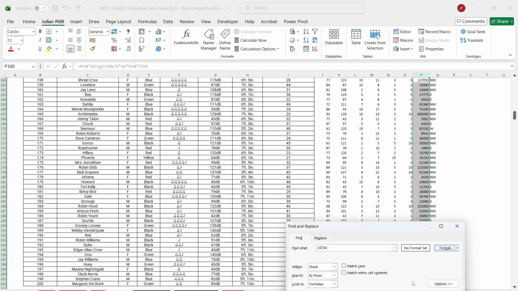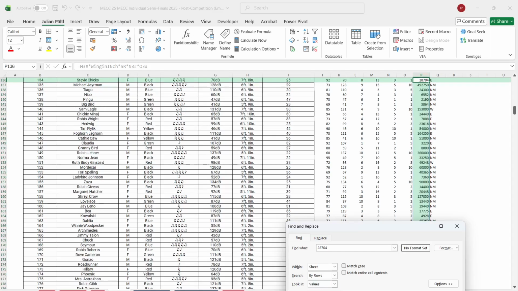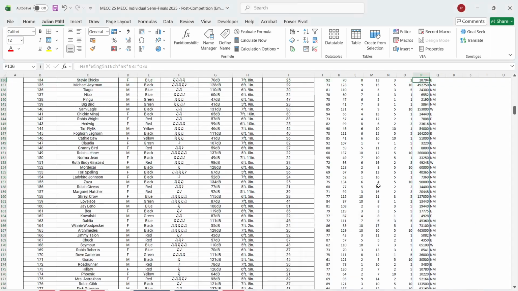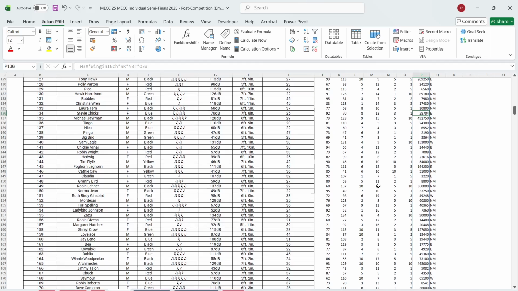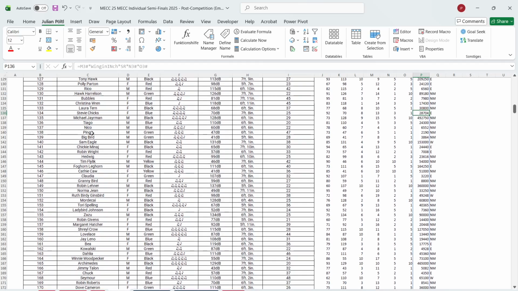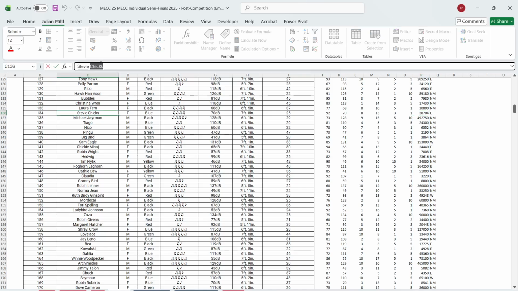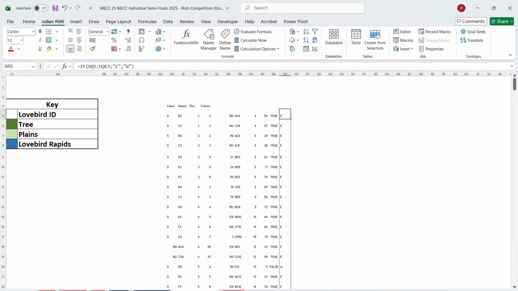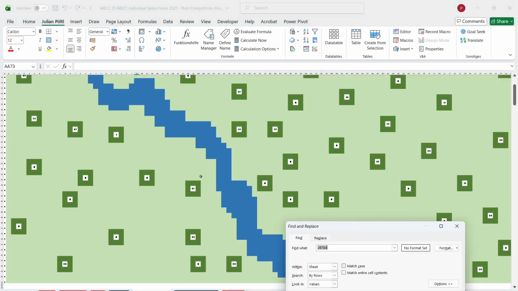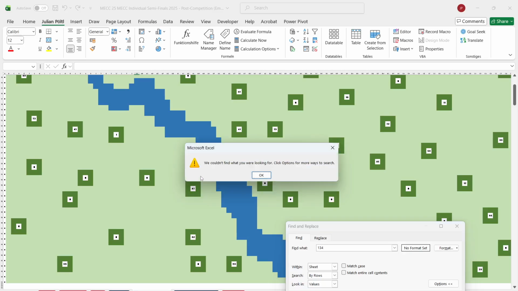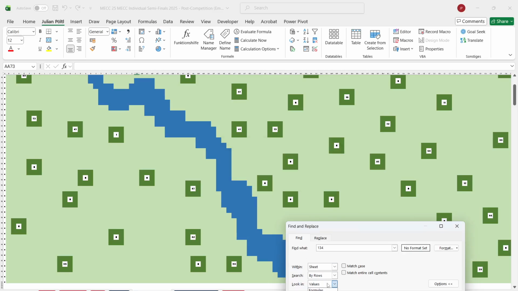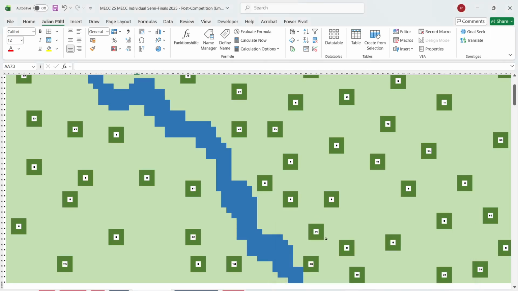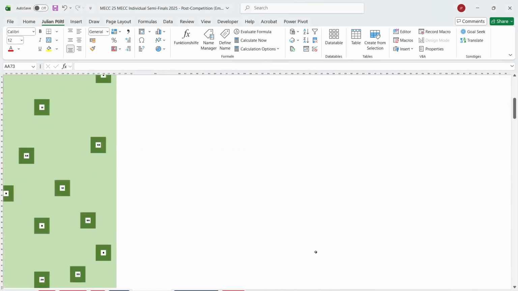Clear find format. There's one. Stevie Chicks. Stevie. 130. Okay.